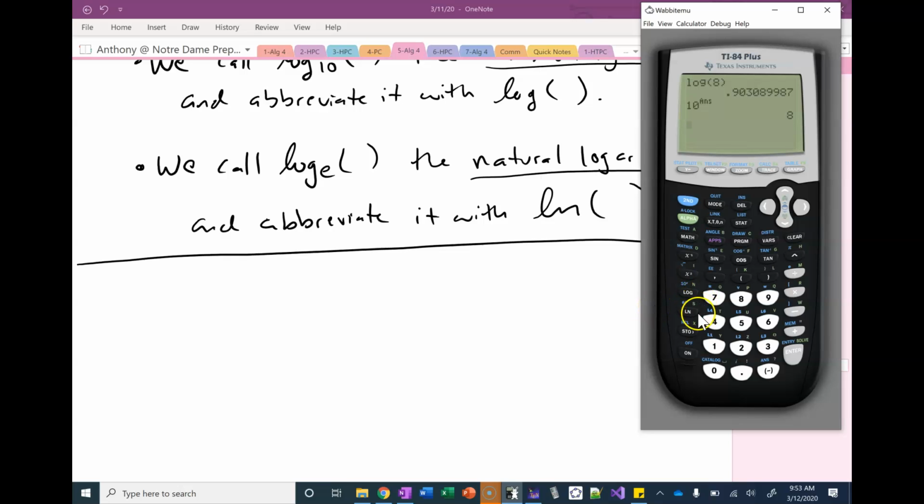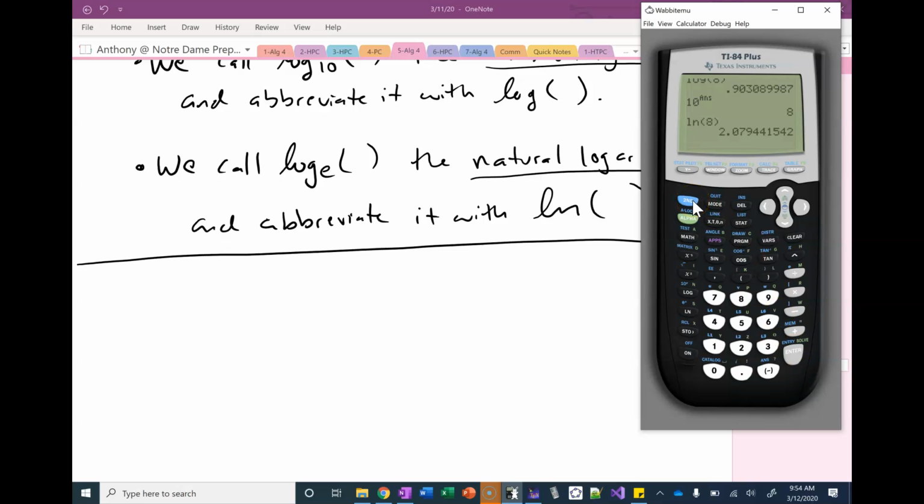What if we wanted to take the natural log of 8? Well, you'll notice right below the button that says LOG is the button that says LN. So I can press that button, type in the number 8, close the parentheses, and press enter. And that's going to give me this decimal. What is this number representing? This is the power of e that gives me 8.